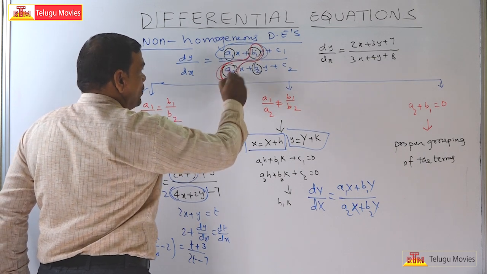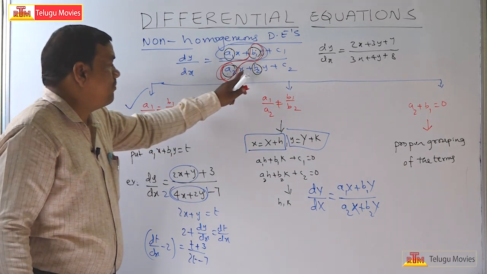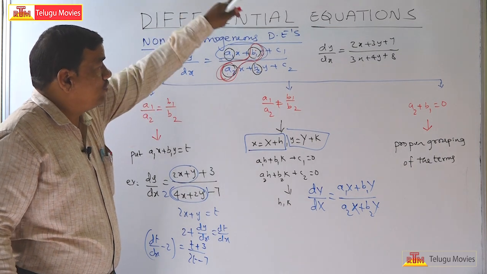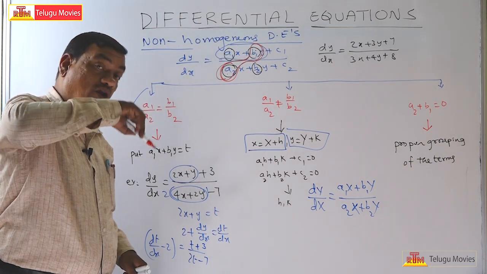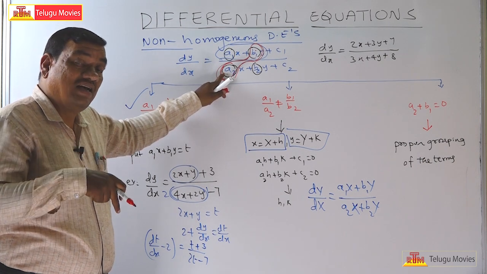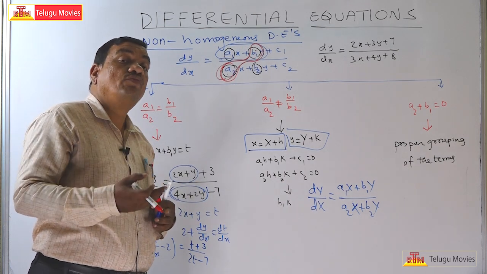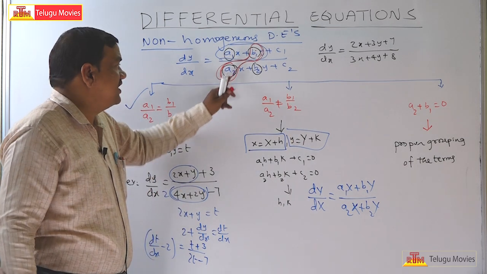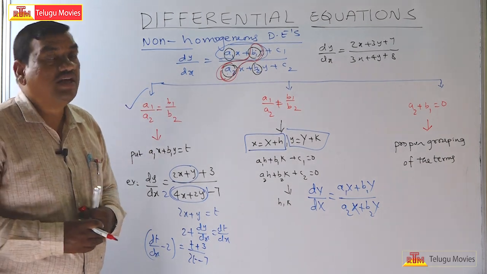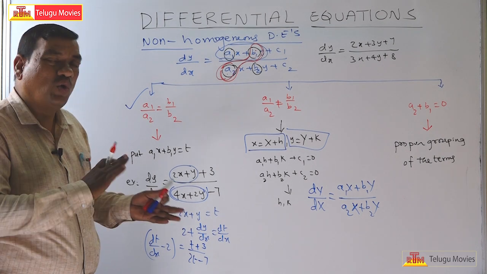If a2 plus b1 happens to be 0, that is the sum of the x coefficient in the denominator and the y coefficient in the numerator, then we can find this derivative by taking proper grouping of the terms.